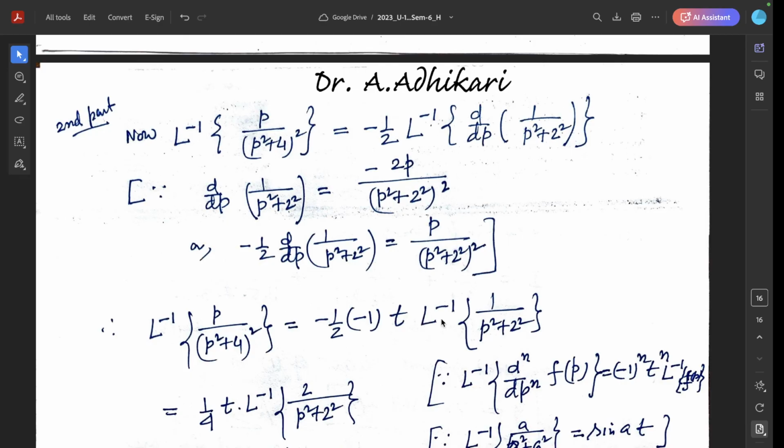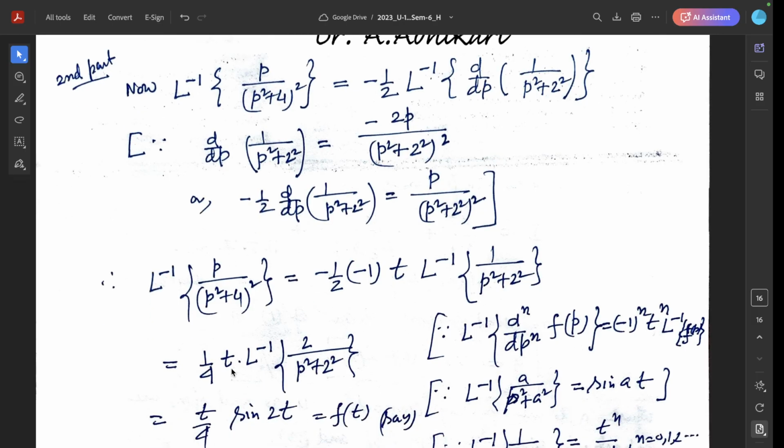This is because L inverse of d^n/dp^n of fp equals minus 1 to the power n, t to the power n, L inverse of fp. Here it is the first order derivative, so minus 1 to the power 1, and we get this term using the formula.